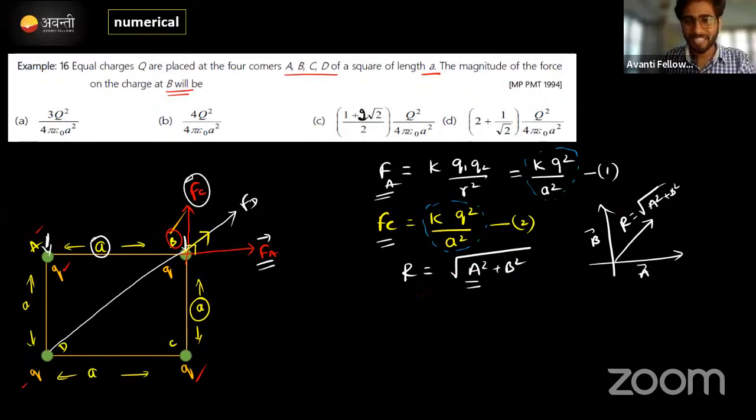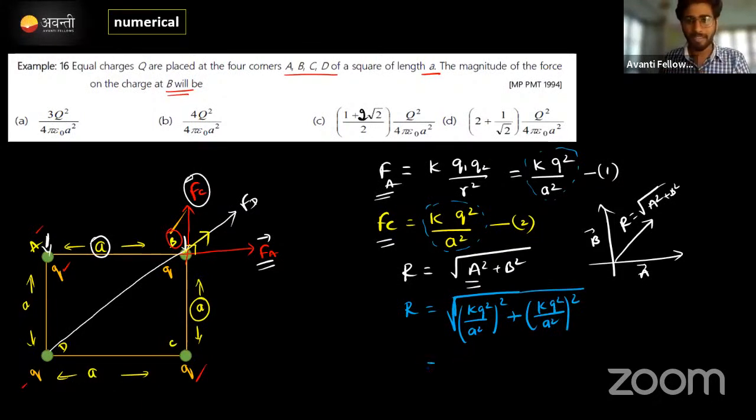Then the resultant vector I will write as the square root of the squares of both, correct? K q square by a square, whole square. I wrote this value. For b, it is FC, that is K q square by a square, again whole square.